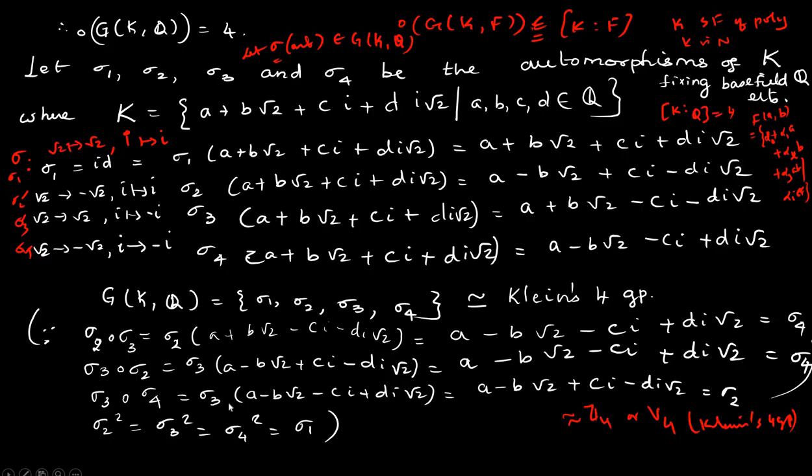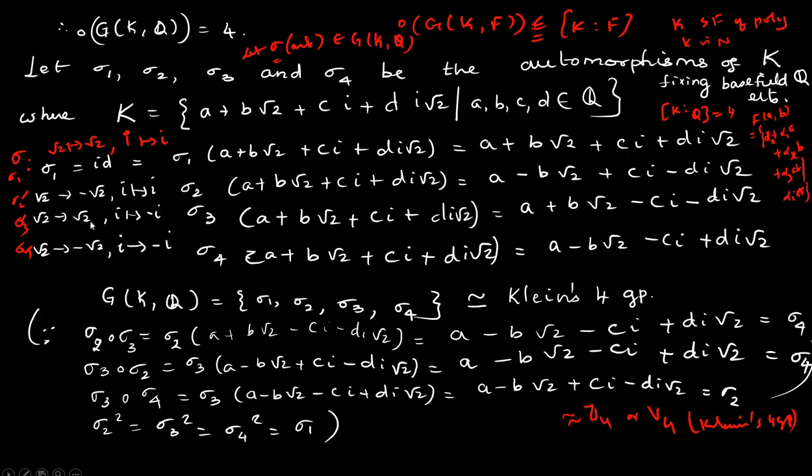And sigma 3 composition sigma 4, when you compute, just check that. Sigma 4 takes this arbitrary element to this. Same thing we have written here. But what is the job of sigma 4? Wherever it finds root 2, it will change it to minus root 2. Wherever it finds i, it will change it to minus i. No, this is for sigma 3, you know.